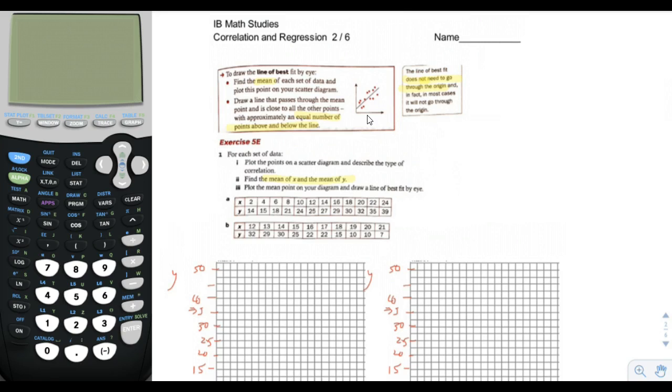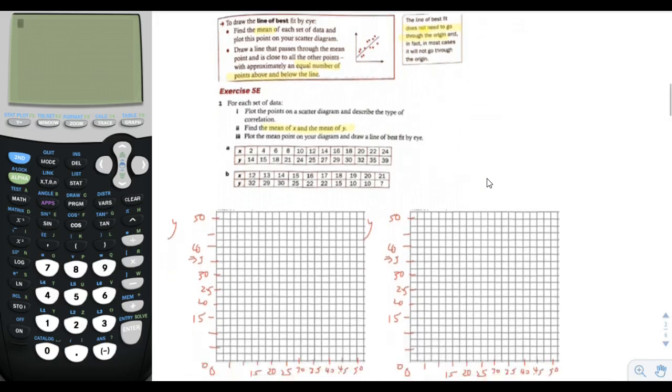Normally with data, that's going to happen, and usually there's a meaning to that. Just like in our investigation with the bowling alley prices, it hits the y-axis at a non-zero point because even if you have 0 players, the party costs you the initial fee. So it crosses the y-axis at the initial fee, for example.